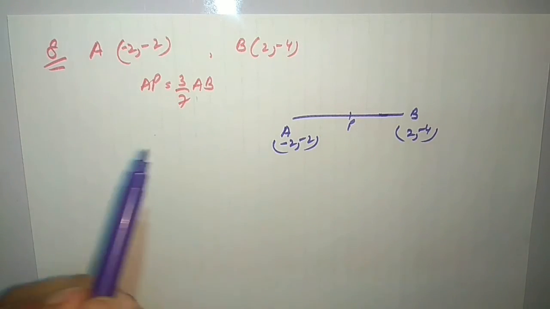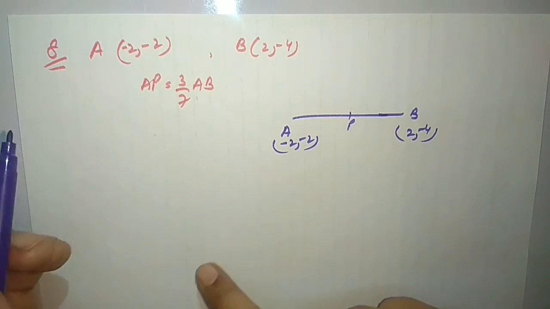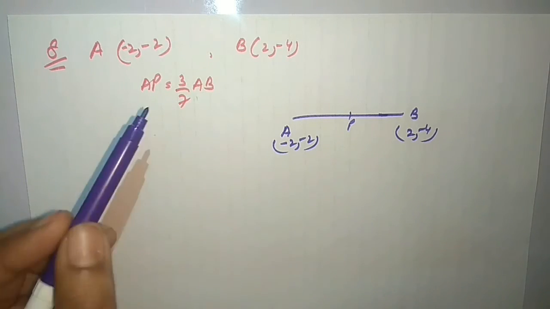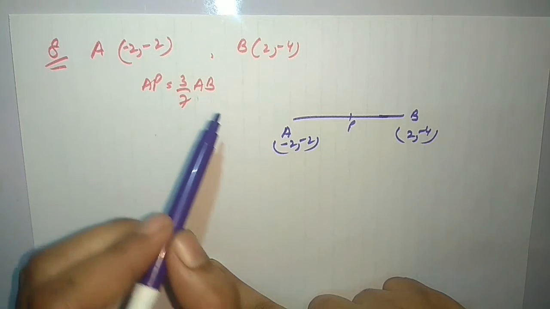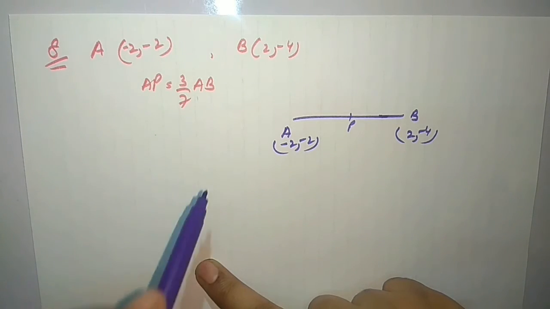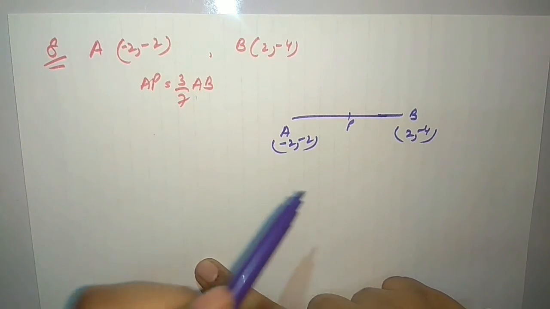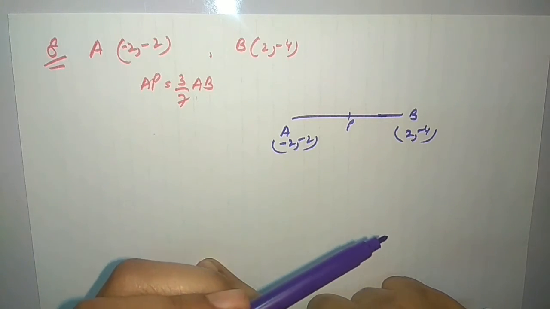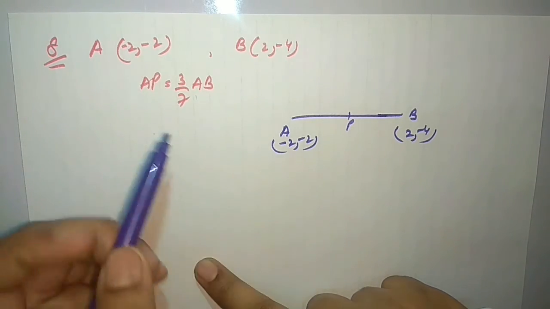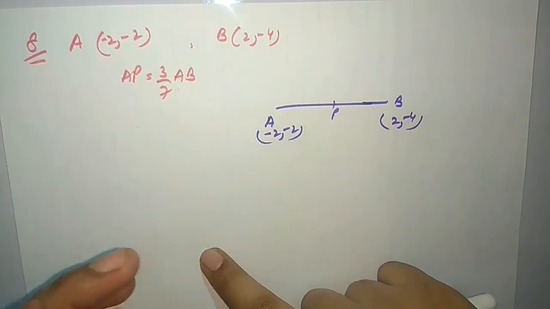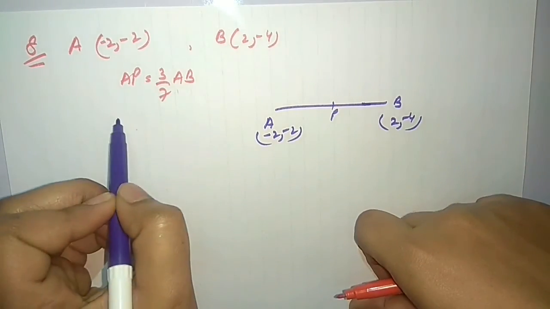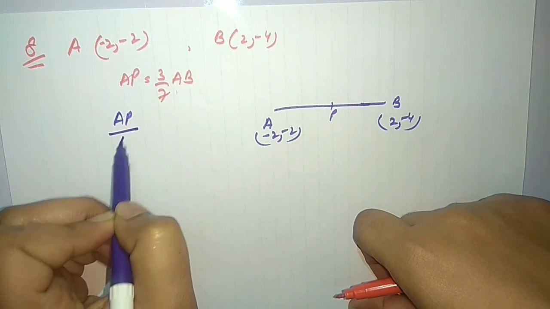Now in this question we need to find the coordinates of P, and it seems like something to do with a ratio. So it is confirmed that we have to use the section formula here. But what is the value of the ratio here? One is the shortcut method to find the ratio: firstly write AP upon AB is 3 by 7.